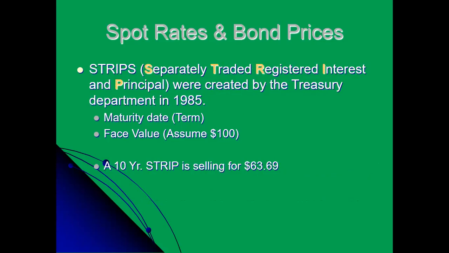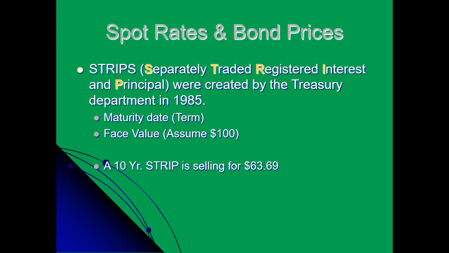Now, another mention would be strips, in which these are financial instruments created by the Treasury Department in 1985, which stands for separately traded registered interest and principal. This is very similar to our zero coupon bonds, wherein there's no interest. And then we are going to compute, of course, our YTM.